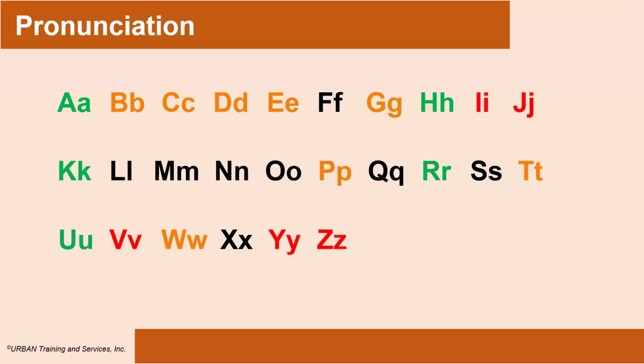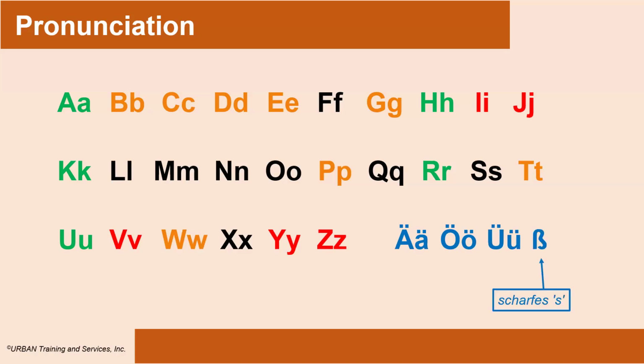And like I mentioned in video number 1, there are 4 letters that English doesn't have. They are the following ones: Ä, Ö, Ü, scharfes S. So we also talk about those additional letters, how they sound, how they appear in words, and you'll get to know pronunciation through the alphabet.